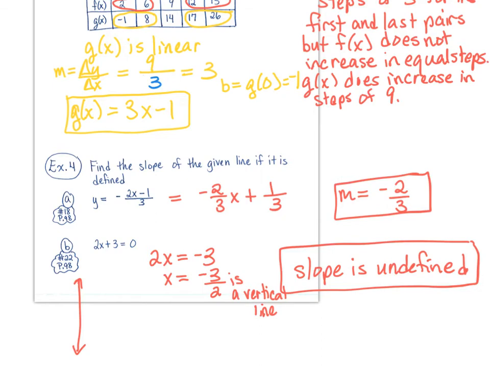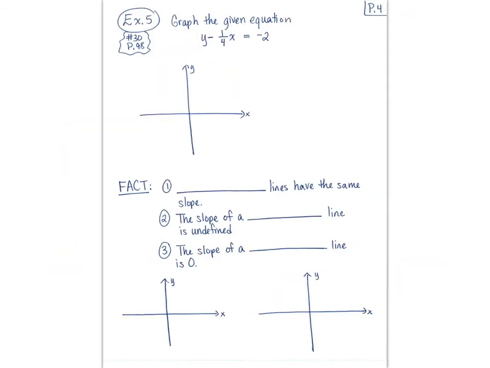Okay? Very good. Now, graph the given equation, y minus 1/4 x equals -2. What's the first thing we should do for this problem? That's right. Put it in y equals mx plus b form. So, what should we do to both sides? Add 1/4 x. Great.